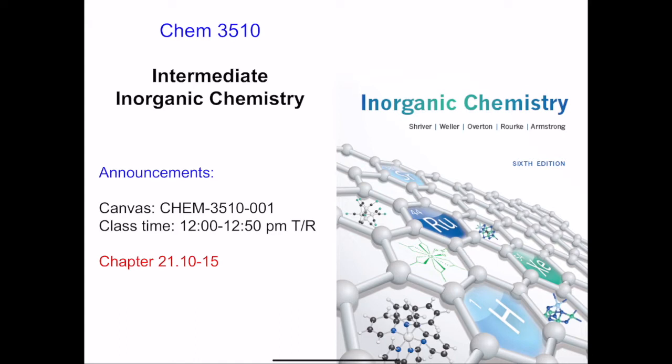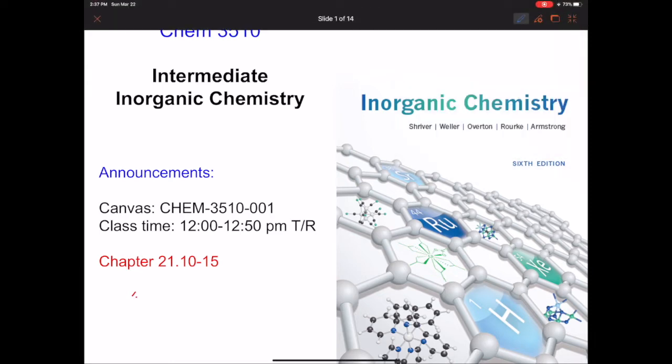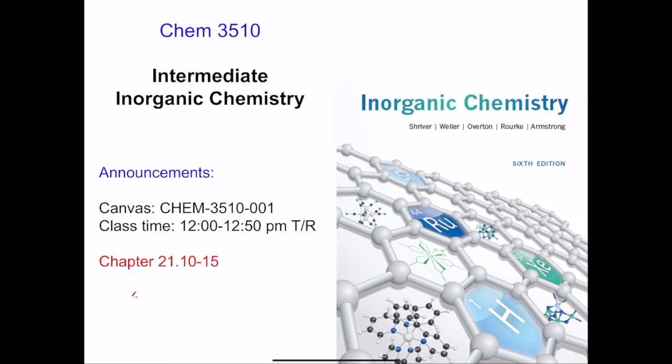So the first one is the redox reaction of transition metal complexes.